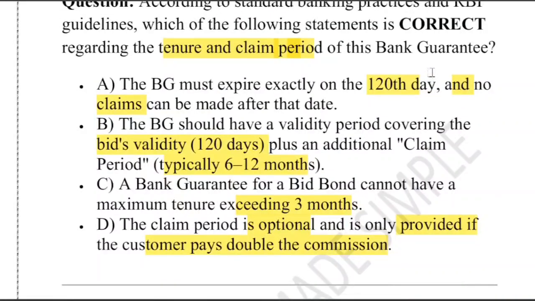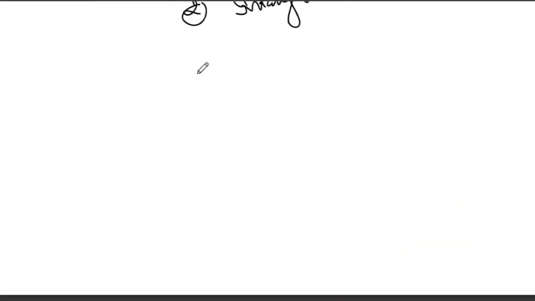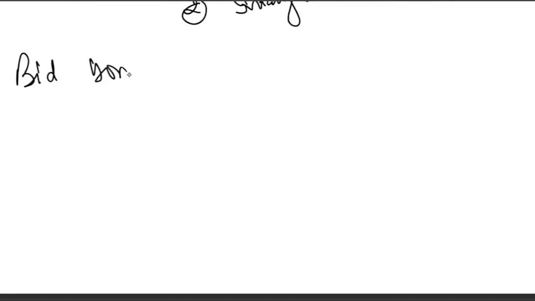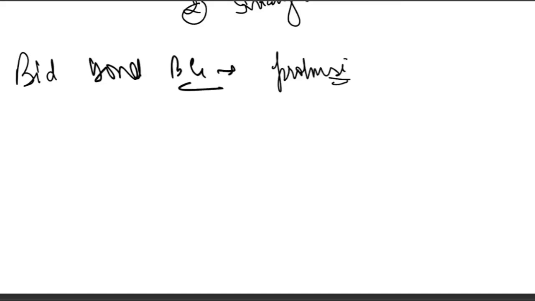First of all, let's understand what this bid bond BG is. We call it bid bond bank guarantee. It is a kind of promise given by the bank.